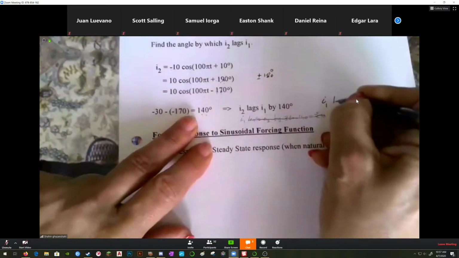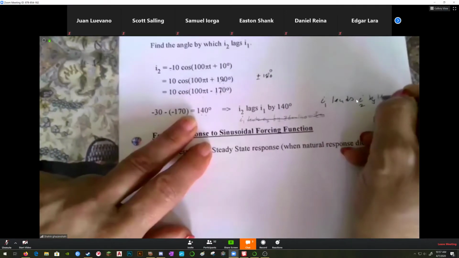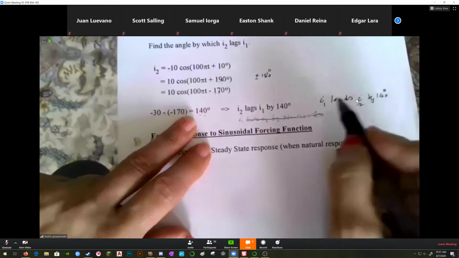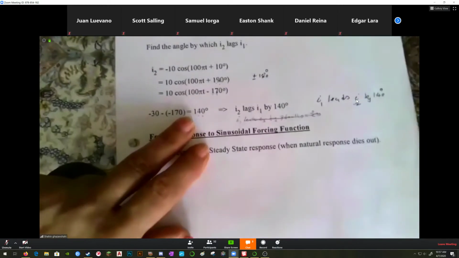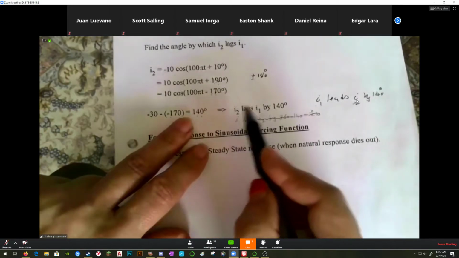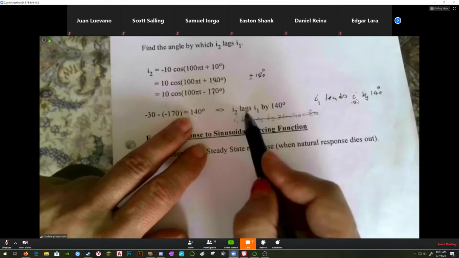I1 leads I2 by 140 degrees, or you can say I2 lags I1 by 140 degrees. Both are correct. Why is I1 leading?